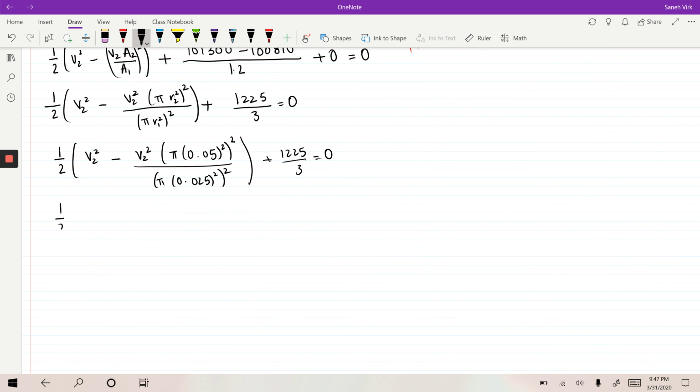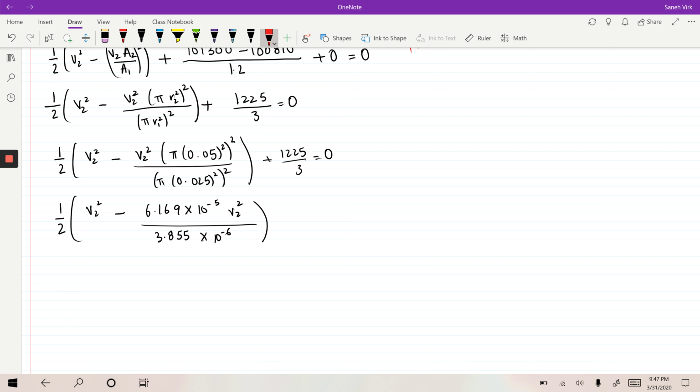And then we get 1/2 V2 squared minus 6.169 times 10 to the negative 5 V2 squared over 3.855 times 10 to the negative 6.